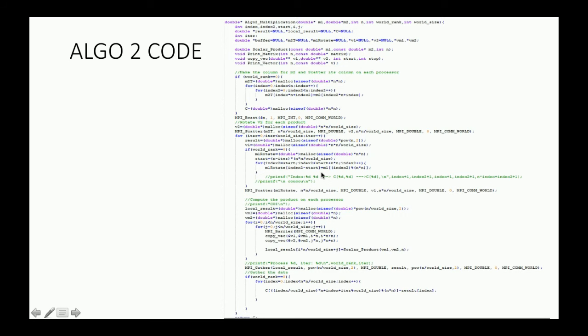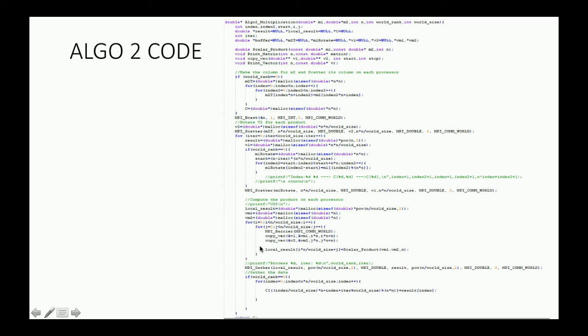At the first iteration, of course, M1 doesn't rotate. Then we scatter M1 rotated the same way we scattered the transpose of M2, and then we compute the product.